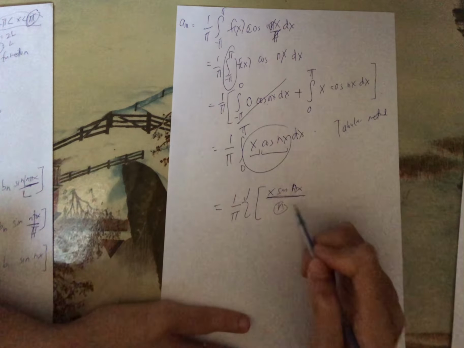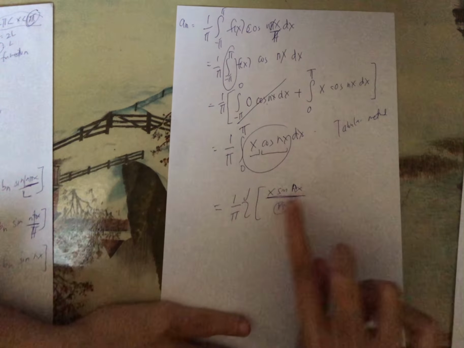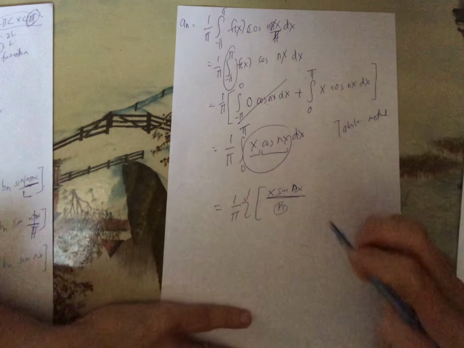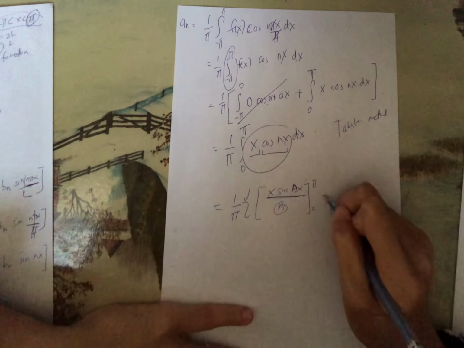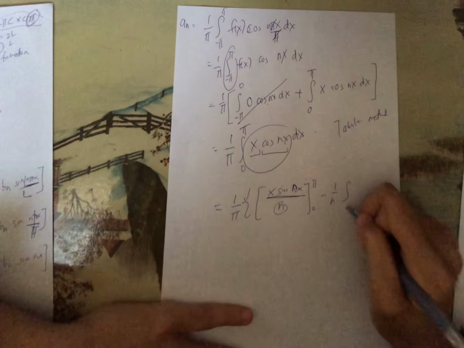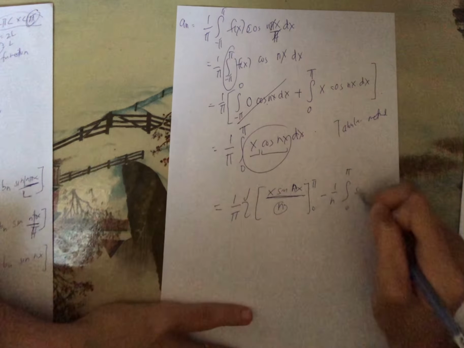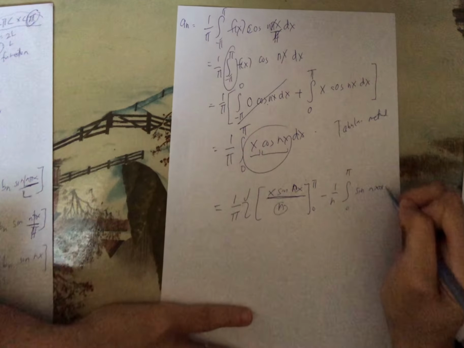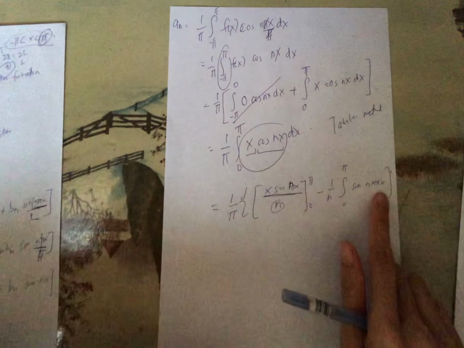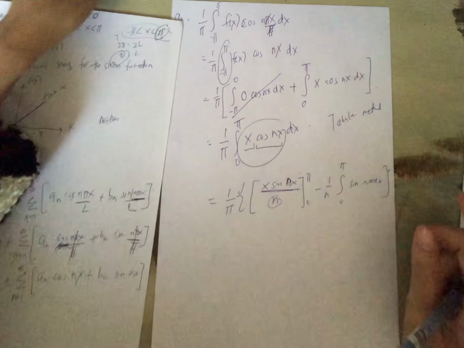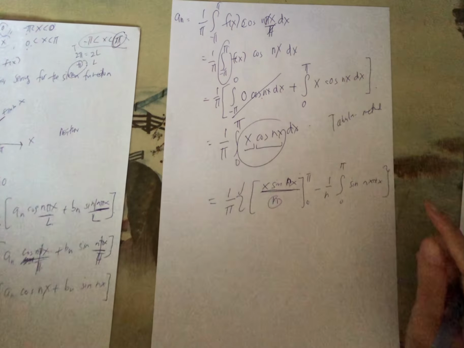Then 0 to pi, and then minus 1 over n, 0 to pi, sine n x dx. For this one I used by part actually, but you can use tabular, no problem.